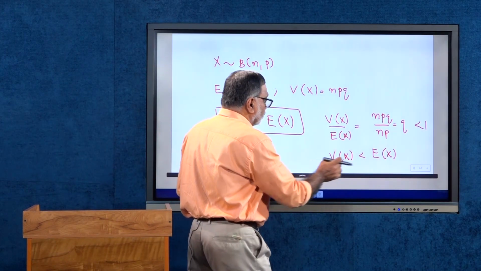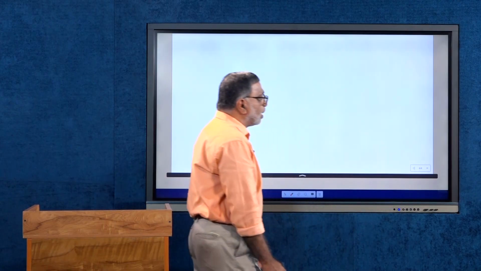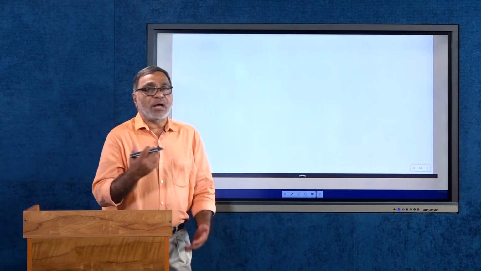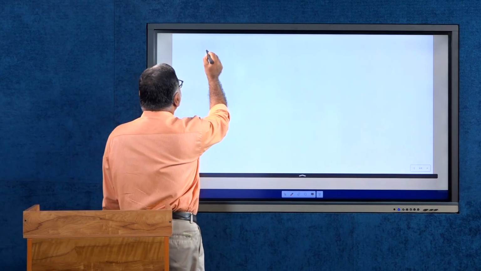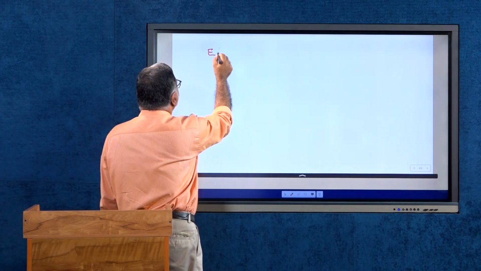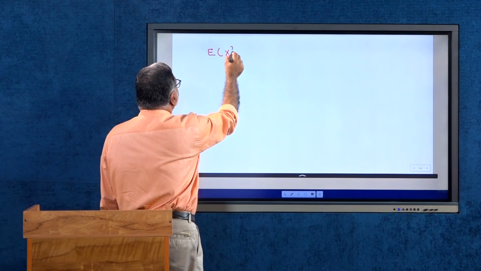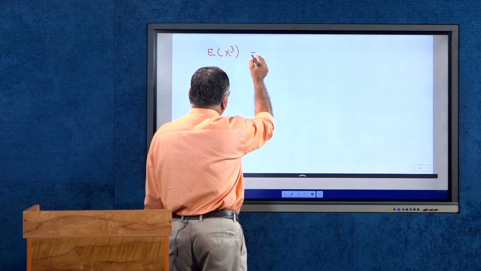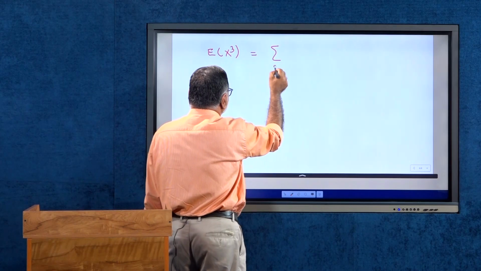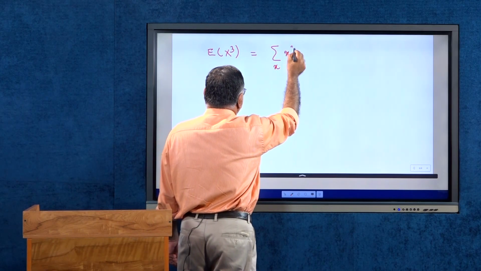Now, we are finding the third arbitrary moment. Third arbitrary moment is equal to expectation of x cubed. And by formula, this is sigma over x, x cubed into fx.